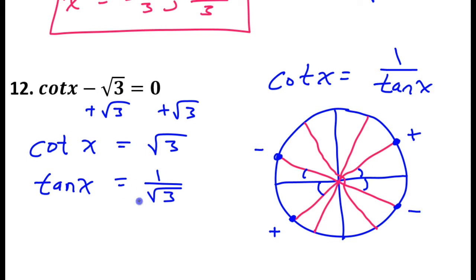So if I want a positive 1 over radical 3, then my solutions will be here and here. So that first one is just plain old pi over 6, 1 pi over 6. Now I'm going to count my way around. This is 1 pi over 6, 2 pi over 6, 3 pi over 6, 4 pi over 6, 5 pi over 6, 6 pi over 6, 7 pi over 6.